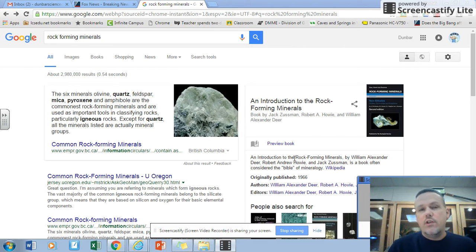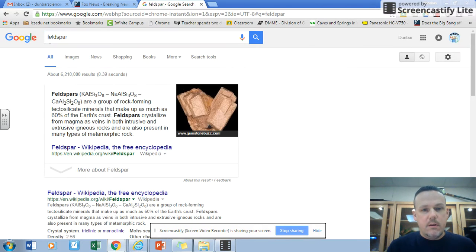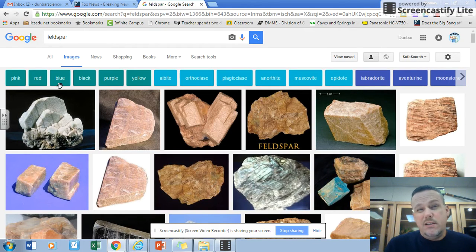The other two, if you're trying to guess, you're like, I wonder what the other two are. Well, one is feldspar. Feldspar, nothing really attractive about it. It just looks like a rock almost. I know you can see my screen. Someone type in feldspar, and maybe you can have a bigger picture of it here. But it just looks like an ugly rock.